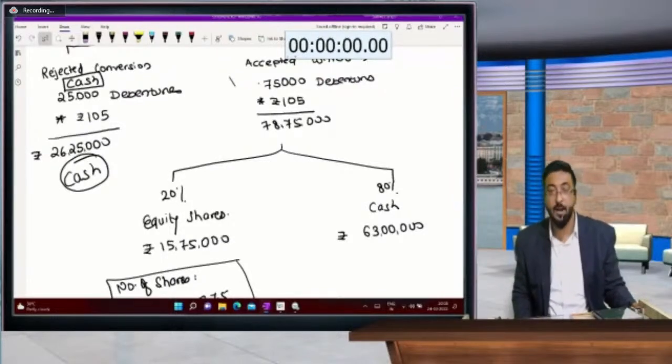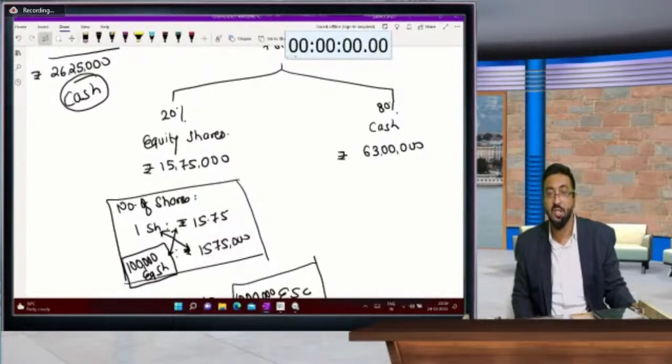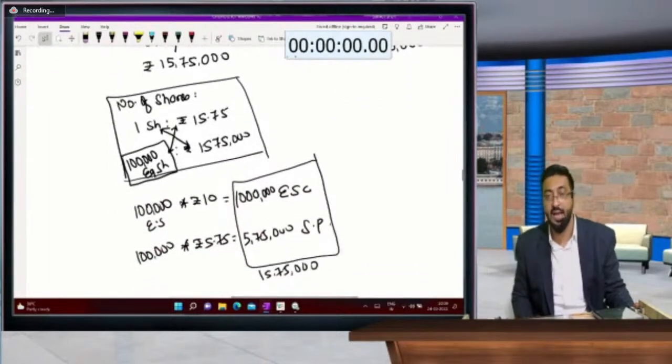So 75,000 into 105, whatever the amount, is multiplied by 20% and 80% in cash. One share is of 15.75, so how many shares are you going to issue? 1 lakh shares multiplied by 10 rupees is 10 lakhs, and the upper 5.75 will be securities premium.